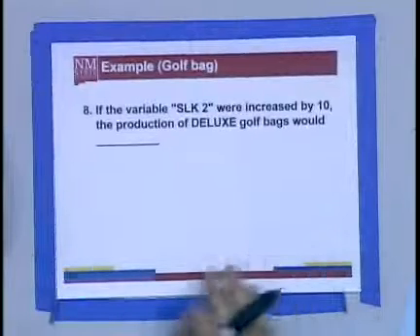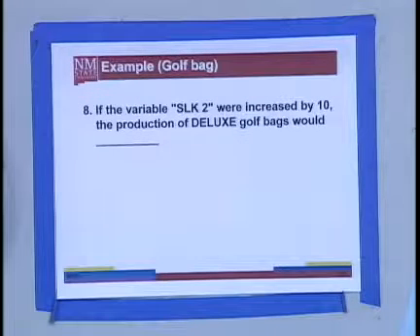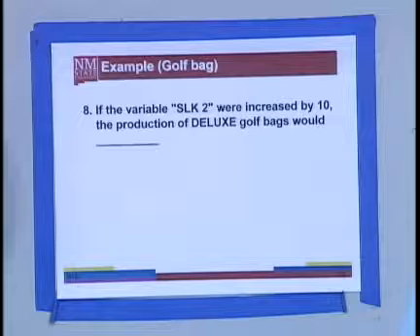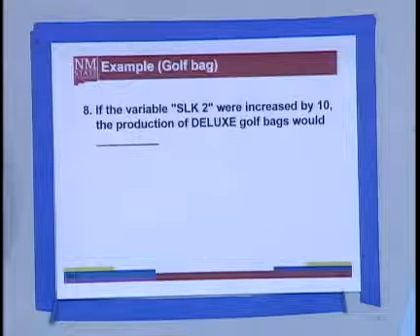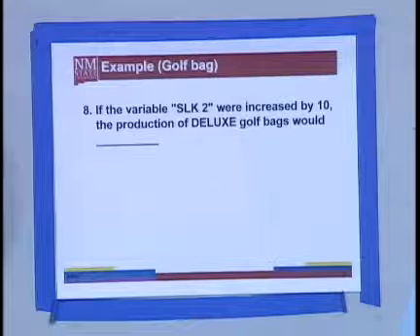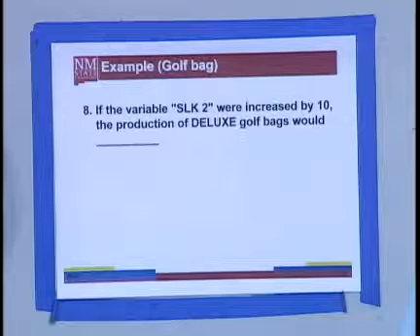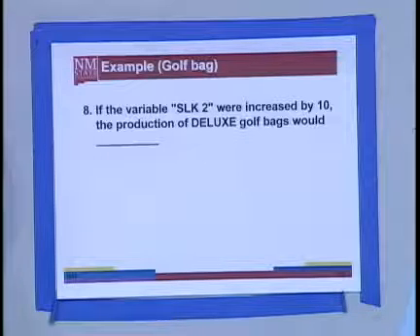Okay, what about number 8? If the variable slack 2 were increased by 10, what is the effect on the production of deluxe golf bag? Okay, this question is about the same as the previous one, question number 7.